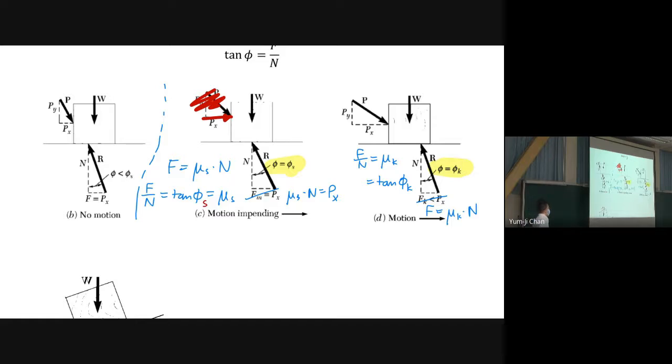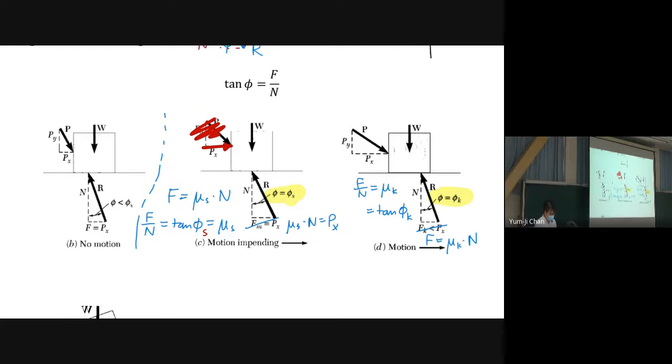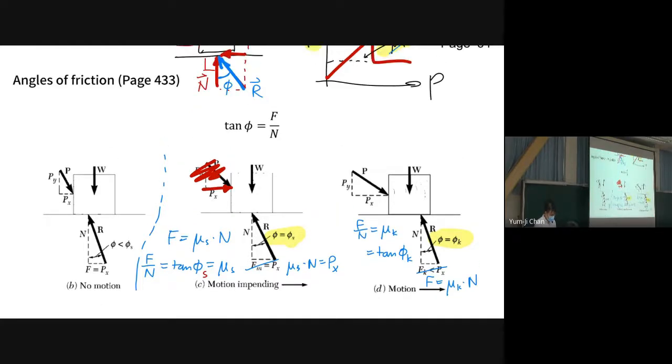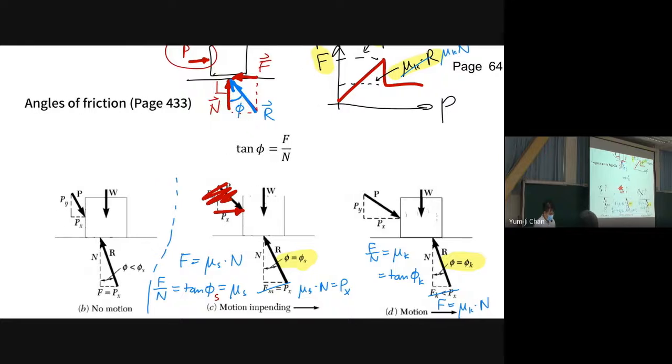So you may ask me, why this angle phi? Because we can always write an angle phi here between F and N. This is called the angle of friction in this textbook.